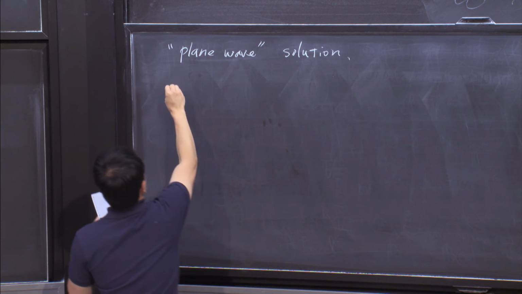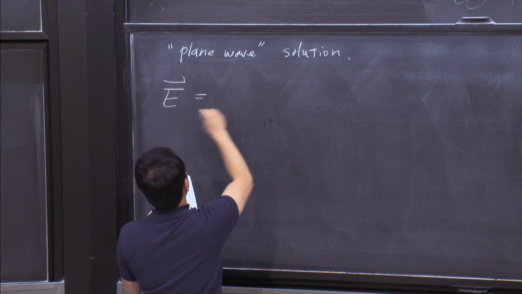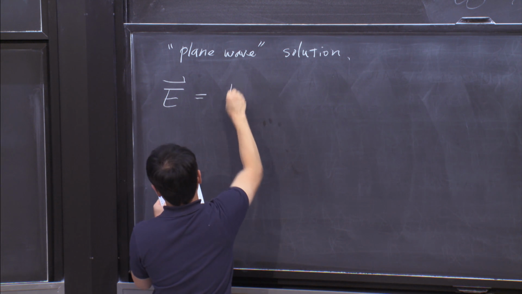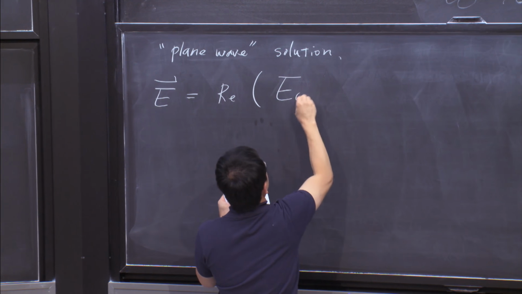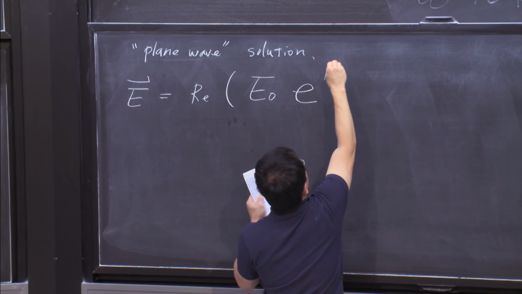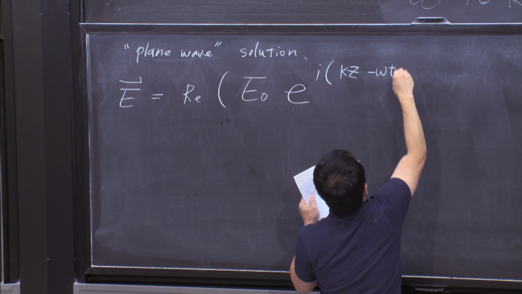In this example, I am considering the electric field equal to the real part of E0 exponential i(kz minus omega t).